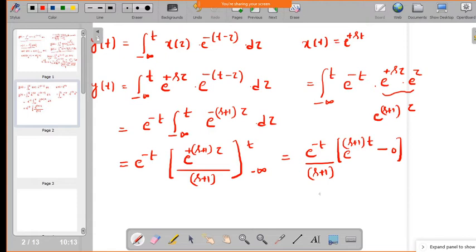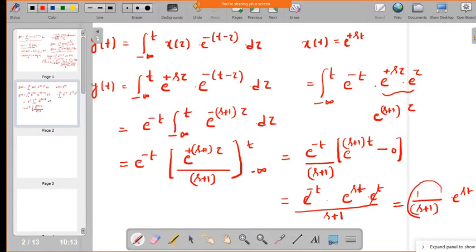Then e power minus t into e power s plus 1 into t, which we can write as e power st into e power t, divided by s plus 1. These cancel each other, and you get 1 over s plus 1 into e power st. We can write this as lambda, which is the eigenvalue.